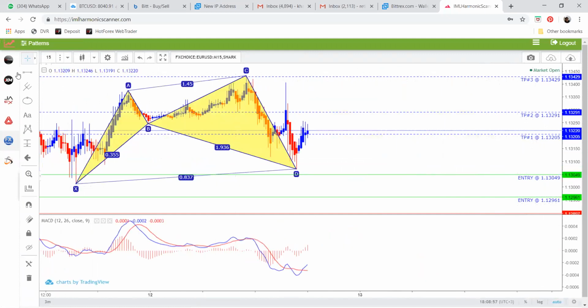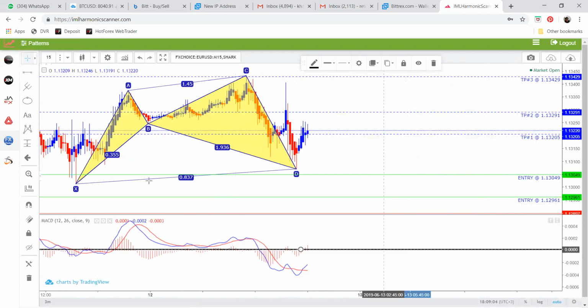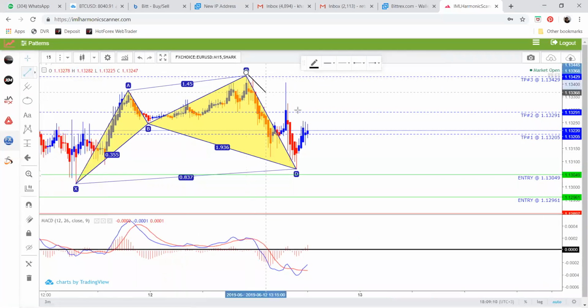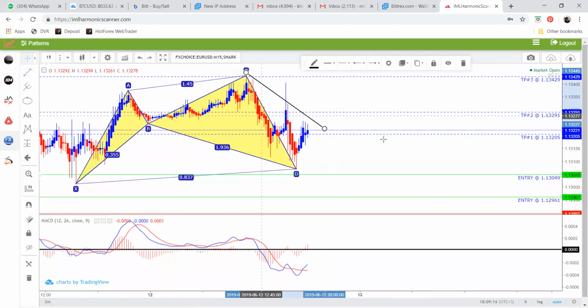First thing, let's put this in. Zero line in, boom. Trend line, let's get that in as well. Multiple touches. All right, multiple touches.